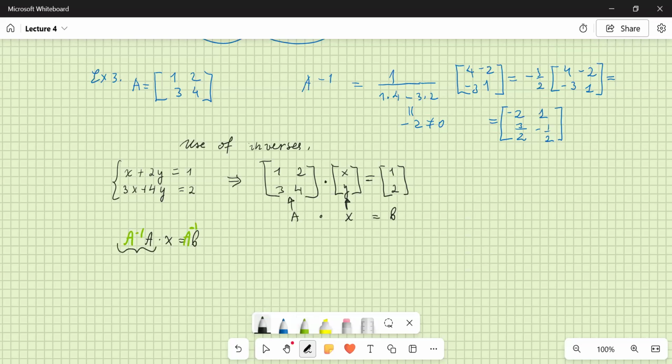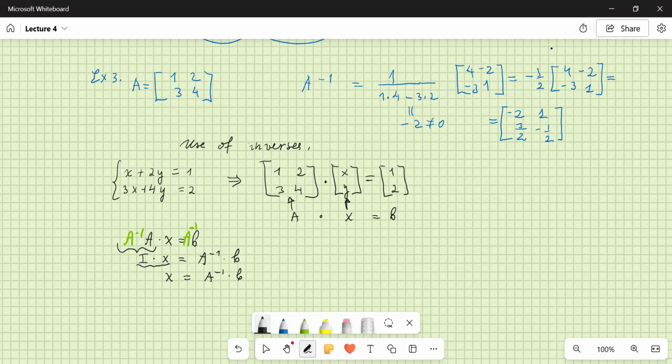A and A inverse produce the identity, multiplied by X, and you get A inverse multiplied by B. Or X is going to be equal to A inverse multiplied by B, because identity by X is just X. So basically, guys, if we somehow know the inverse of matrix A, we can just multiply it by the right column, and we are going to get the answer, x and y.